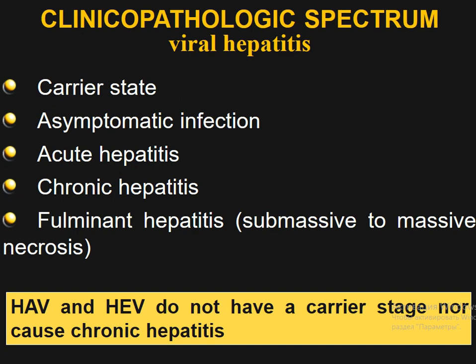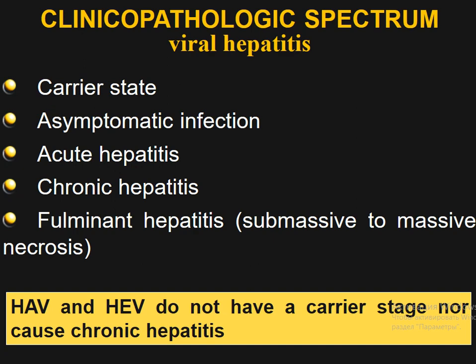The majority of cases of chronic hepatitis are the result of infection with hepatotropic viruses: hepatitis B, hepatitis C, and combined hepatitis B and hepatitis D infection.